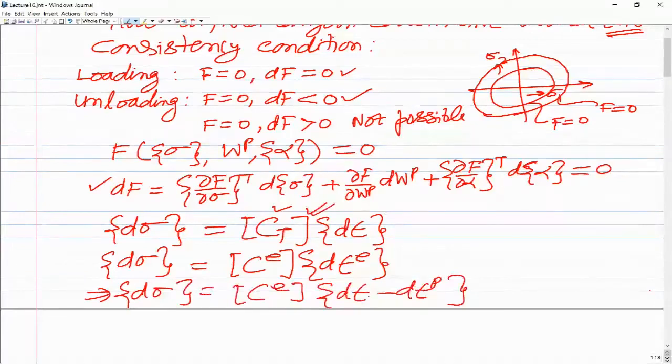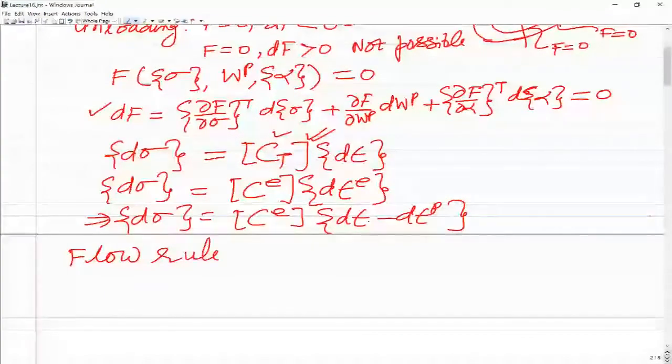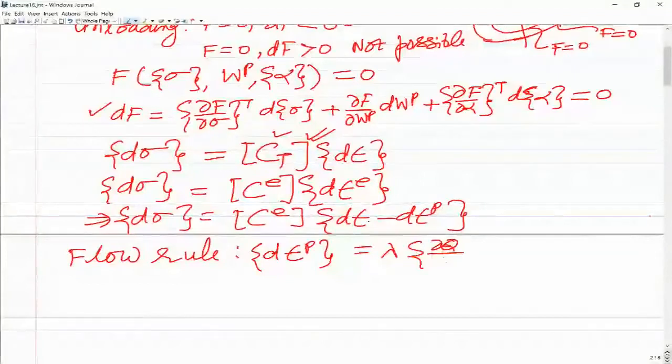For this we make use of what we have already discussed, the flow rule from the concepts involved in elastoplasticity. The incremental plastic strain is equal to lambda times the gradient of the plastic potential flow function, del q by del sigma, where q is the scalar plastic potential flow function.